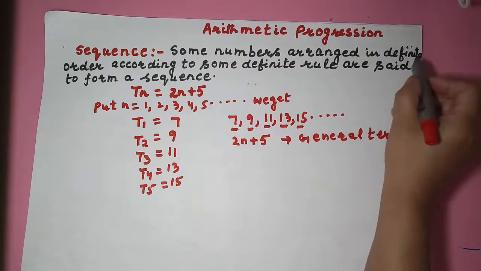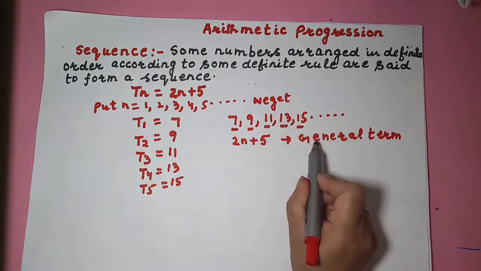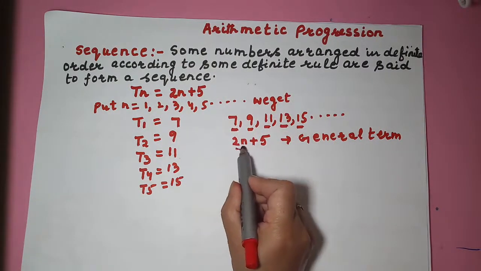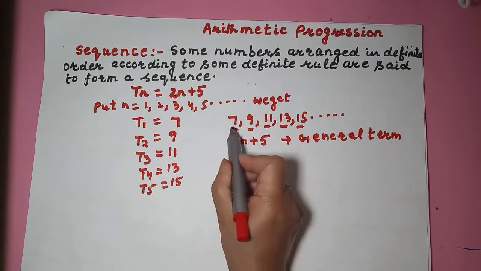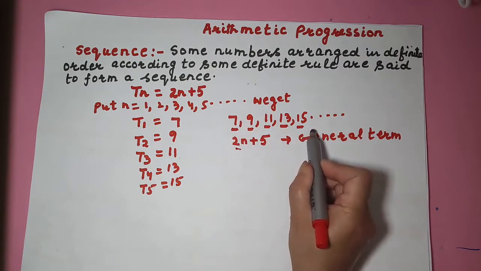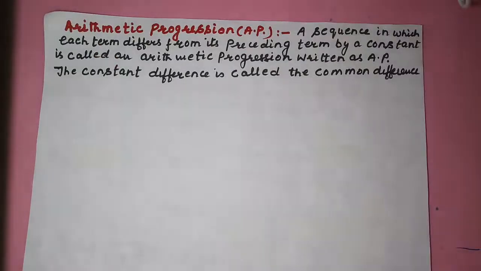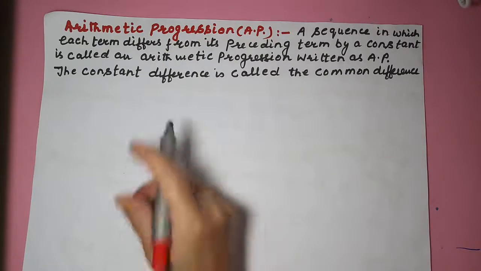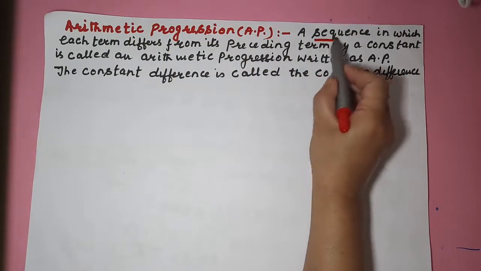So you have understood that if the numbers are arranged in definite order, they are arranged with some definite rule. So here the rule was 2n plus 5. Now, because of this, a sequence is formed. Fine. So let's go to the arithmetic progression, AP. Now, a sequence, now that you have understood the sequence, right?